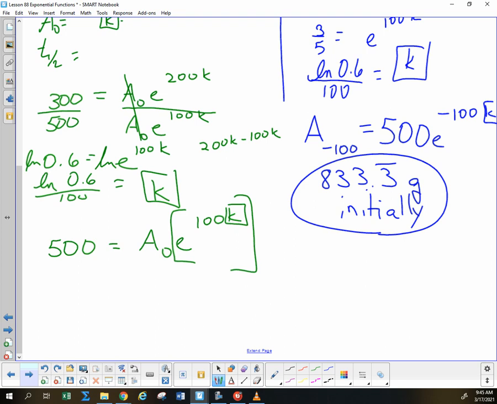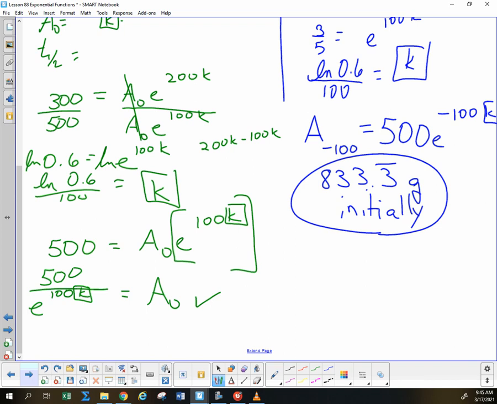I could just punch it all in like that. I could do 500 divided by all of that I've stored, and that's fine. You could do 500 divided by e to the 100 stored k to get your starting amount. Do it that way if you'd like. Hopefully we'll get the same thing.